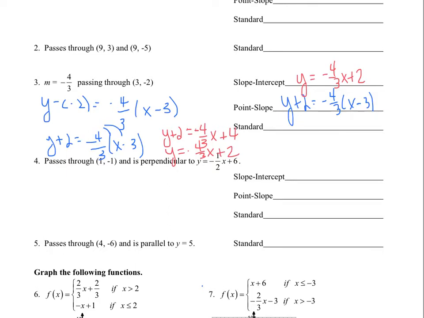And then to go to standard form, we need to have x and y on the same side, so I'm going to add 4/3 x to both sides. So I have 4/3 x plus y equals 2. Remember that a, b, and c must be integers, and a is not an integer, so I'm going to multiply the entire equation by 3, basically multiply by the denominator to cancel it out, and we get 4x plus 3y equals 6. Make sure that you are multiplying all parts by that value.